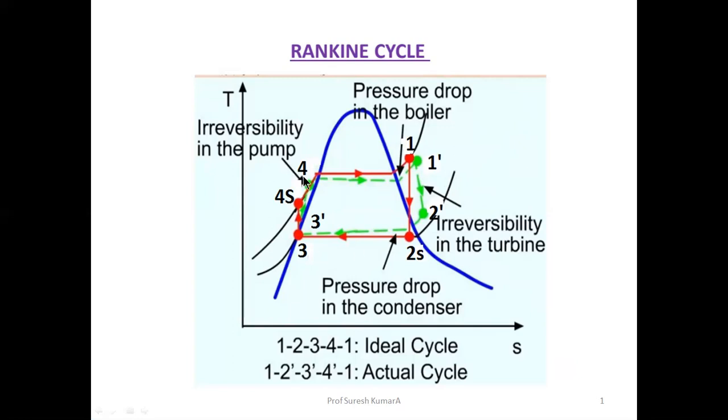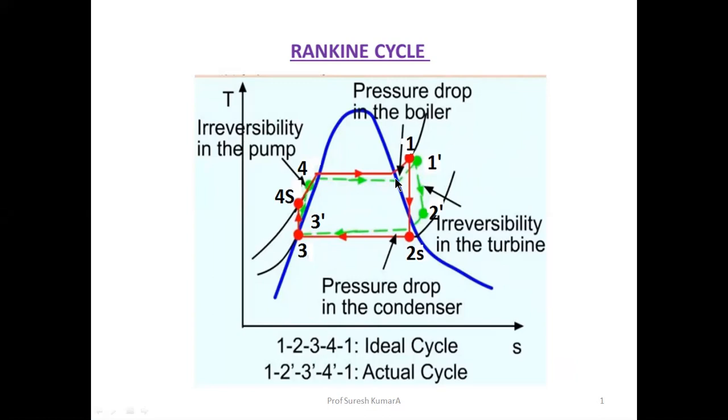That is the ideal process. But when we take the actual case, it deviates from the ideal case which I discussed now. The red line which I have shown is the ideal case. When I take the actual case, it is the green line over here.